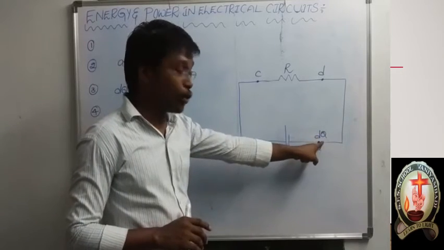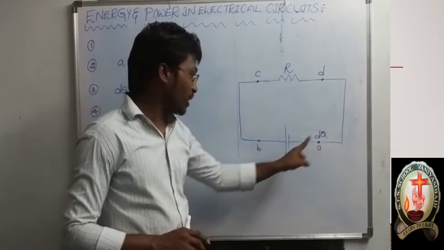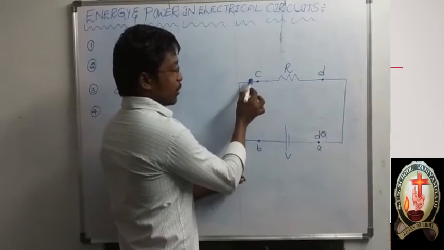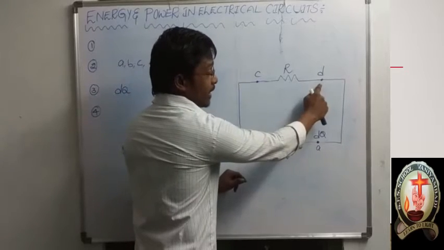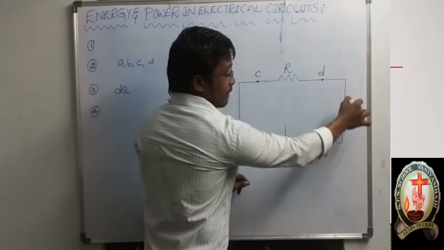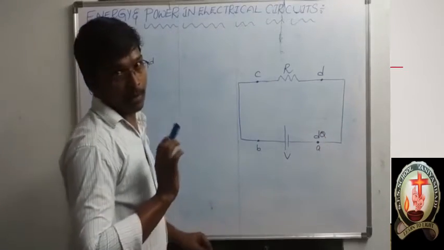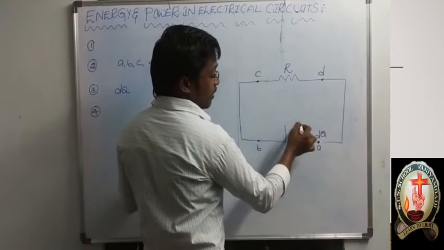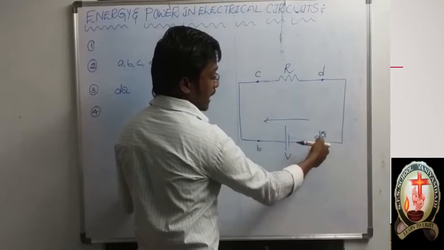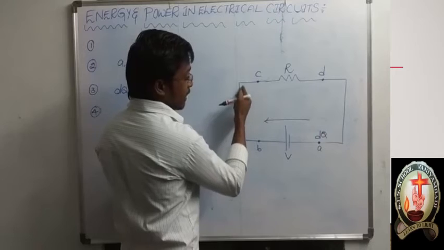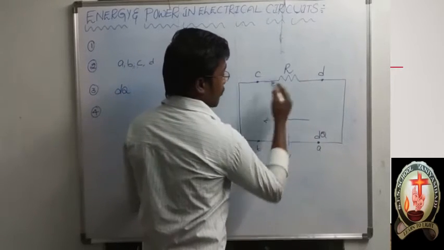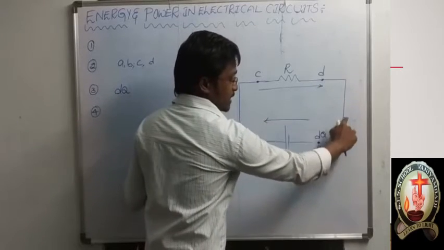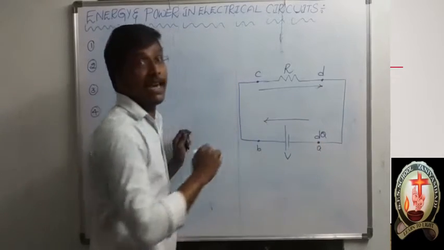The charge dq is moving from A to B, and it will move like this, then C to D, and again it will reach the point A. Otherwise, assume the charge dq is moving from A to B, then passes like this, again moves from C to D, and finally the charge dq reaches the same point A.